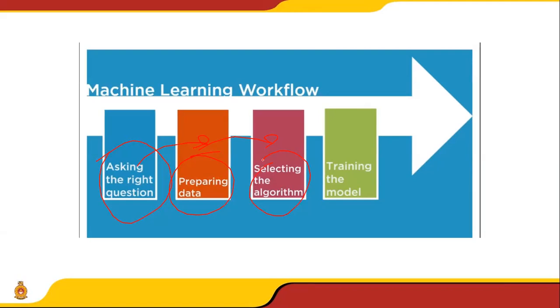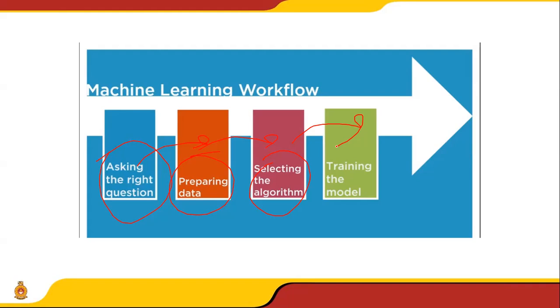In case you are unable to understand what the most appropriate algorithm is, then we have to apply a couple of algorithms to the same problem or the same question, and then pick the most appropriate one for our work. Eventually, we go to the training module, rearrange all of these things, and execute to get a proper output.